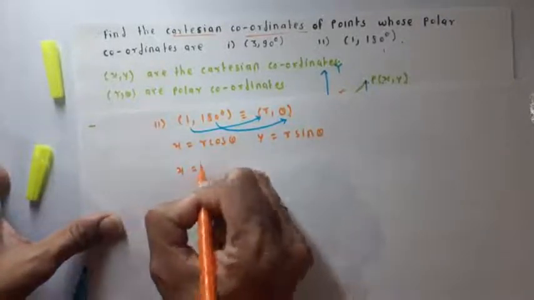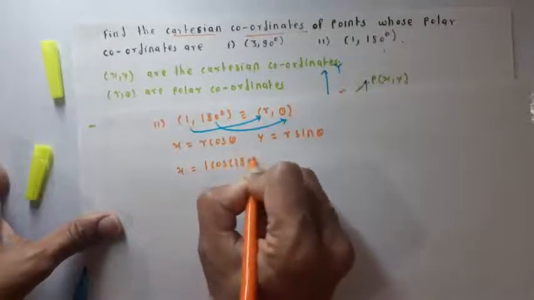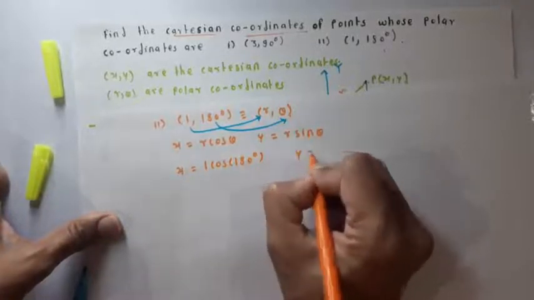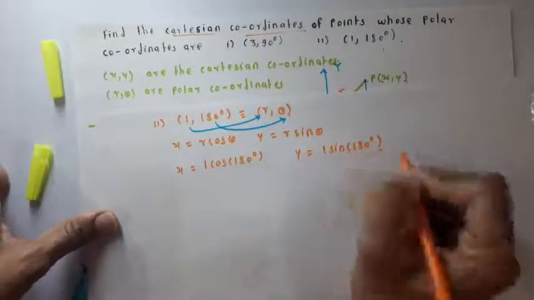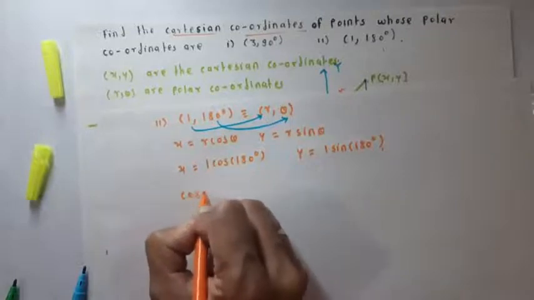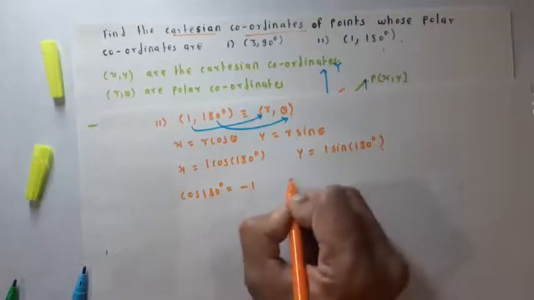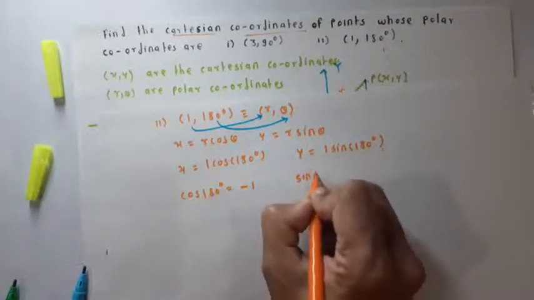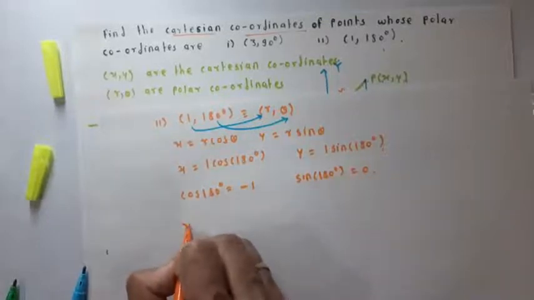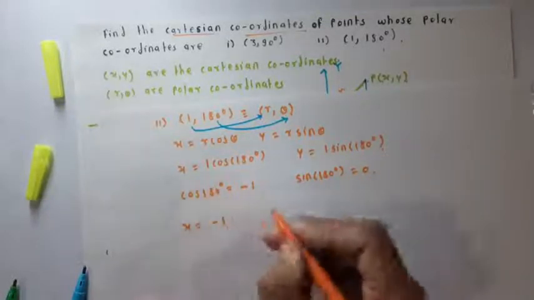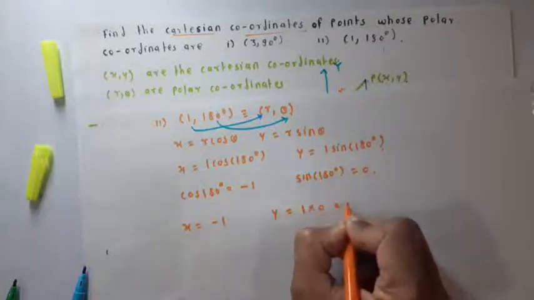Therefore x equals 1 cos 180 degrees, and y equals 1 sin 180 degrees. You know that cos 180 degrees is minus 1 and sin 180 degrees is 0, therefore x equals 1 into minus 1, which is minus 1, and y equals 1 into 0, which is 0.